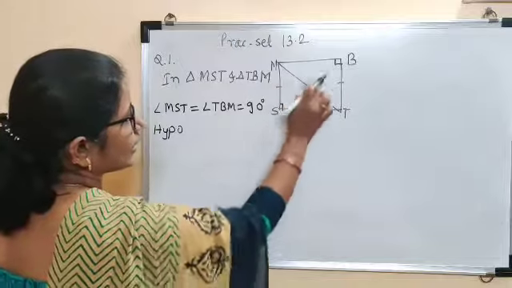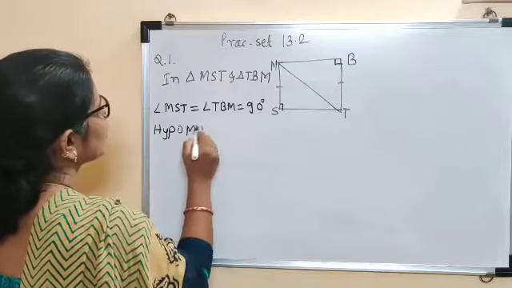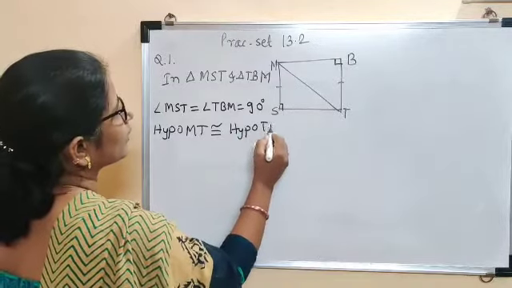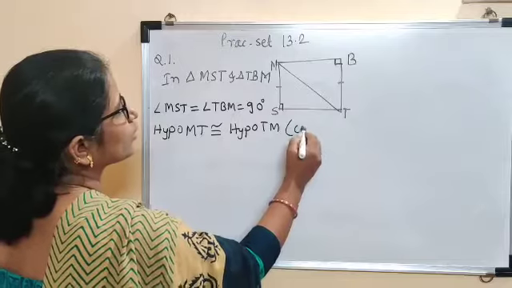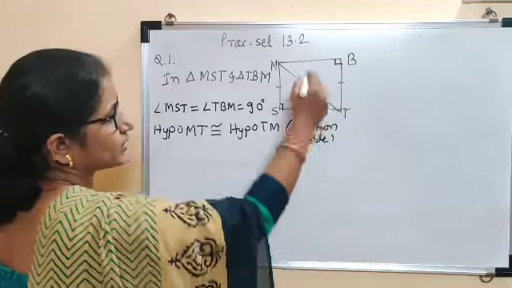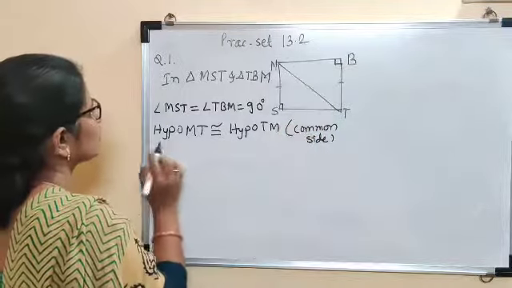Because it is a right angle triangle, MT is congruent to the hypotenuse TM. Both are which side? Common side. Both triangles have a common side. This triangle's hypotenuse and this triangle's are the same, it is a common side.